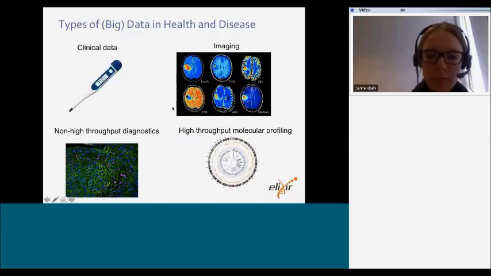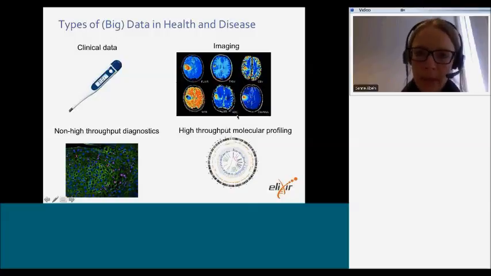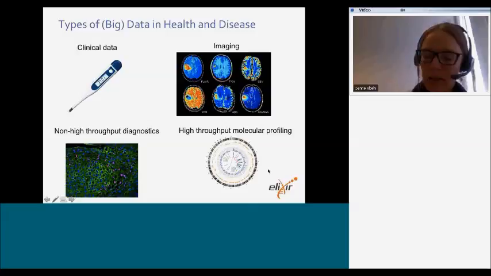Images or non-high throughput diagnostics, such as staining and the amount of staining on samples, imaging, and of course, high throughput molecular profiling. And it's specifically this last one, high throughput molecular profiling in combination with the clinical data, that we'll be talking about today.